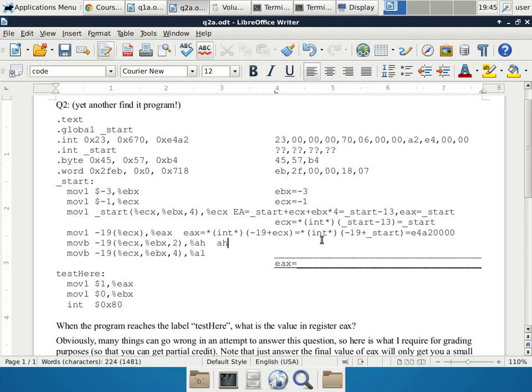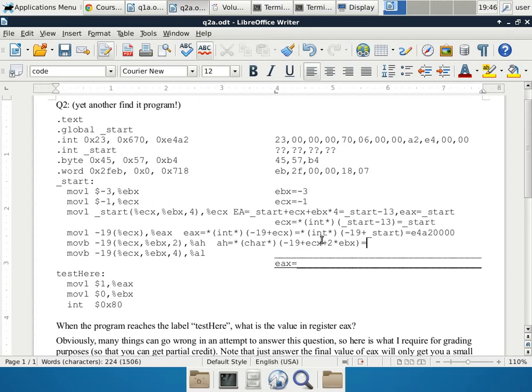All right, but just to finish this, in this case, AH is the only one that is affected. The effective address is no longer that of a 32-bit integer, but a char. So the equation is -19 plus ECX, the value in ECX at the time, plus 2 times EBX.